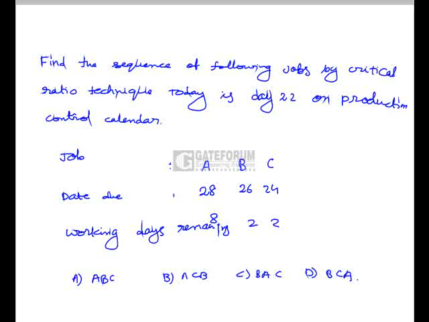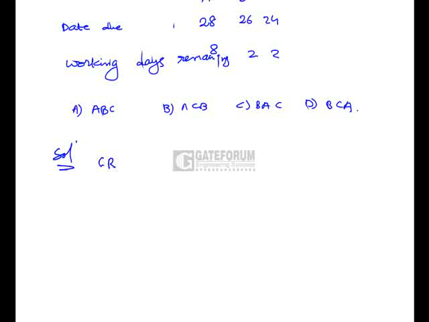Here the critical ratio is given by CR is equal to due date minus date now, that is today's date on the production calendar, divided by working days remaining. Here for A, due date is 28, and date now is 22, and working days remaining is 8.